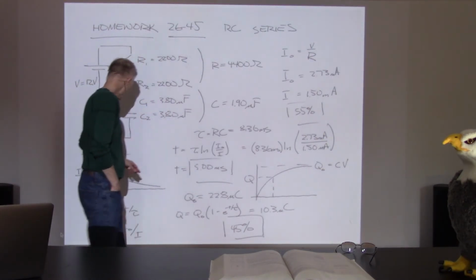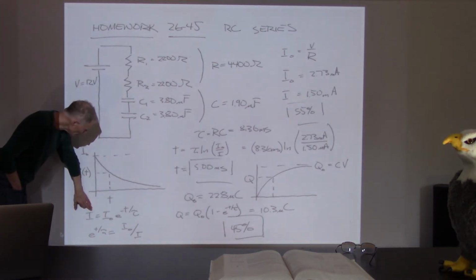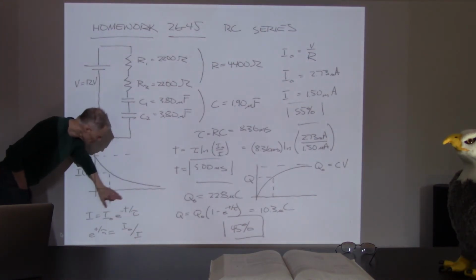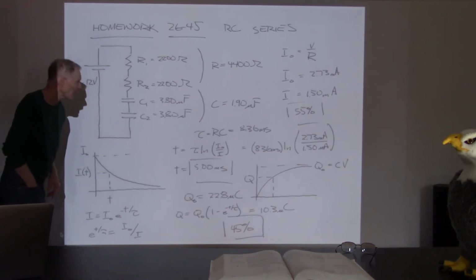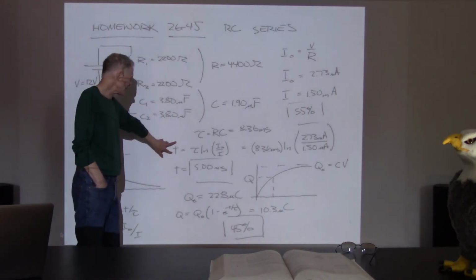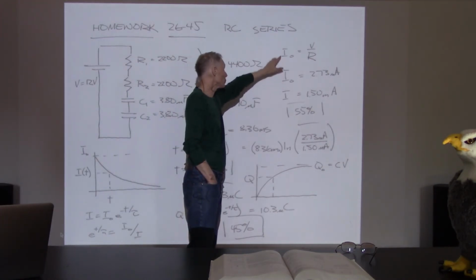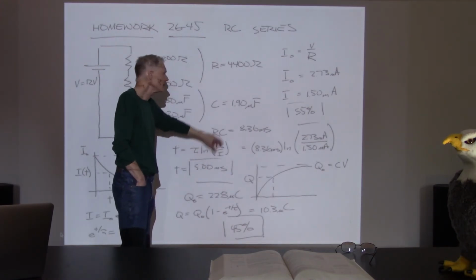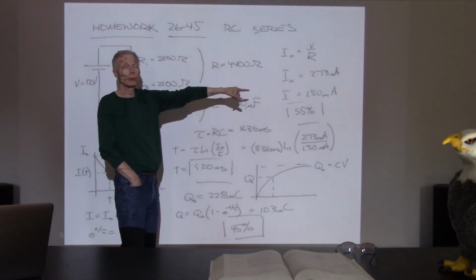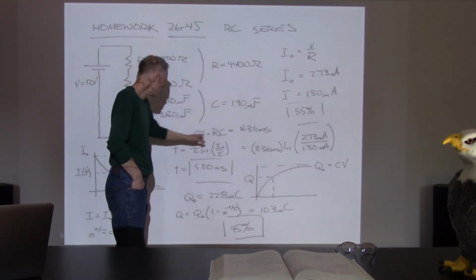And so the formula that we derived in class for this, the current is I naught times that exponential drop off. Now I can flip that around and solve for the exponential factor. That's I naught over I. And then finally the amount of time it takes to go from the starting current, which is V over R, that's 2.73, divided by the target current that we're looking for. I can use this formula.